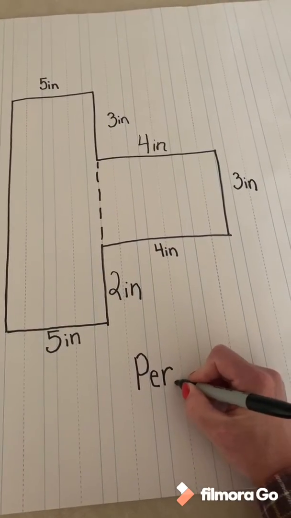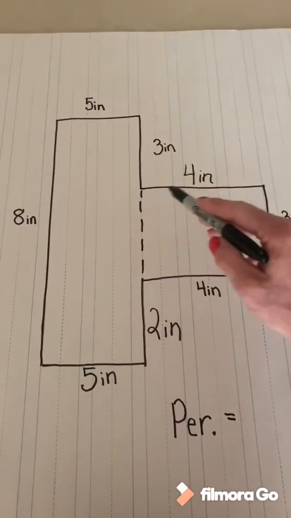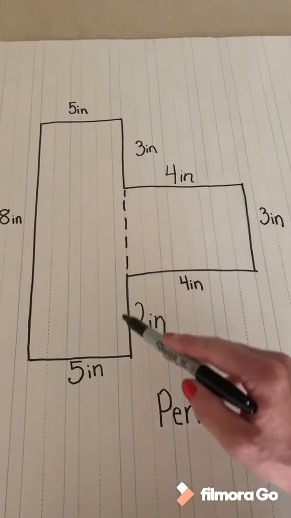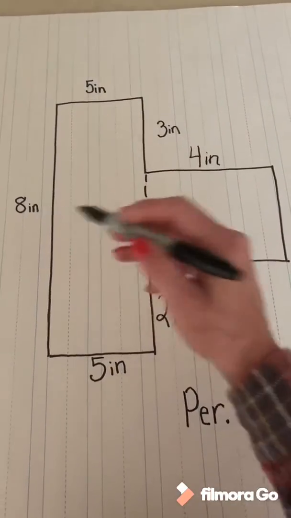Now we remember that the perimeter is the outside edge of this whole entire shape. So I'm going to have to add all of these little pieces. So I'm going to start on this side.